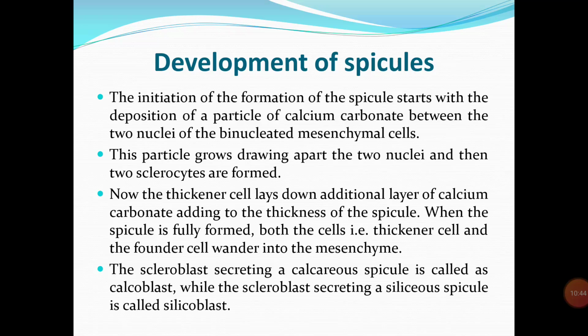When the spicule is fully formed, both the thickener cell and the founder cell wander into the mesenchyme. And lastly, the scleroblast secreting a calcareous spicule is called a calcoblast, while the scleroblast secreting a siliceous spicule is called a silicoblast.